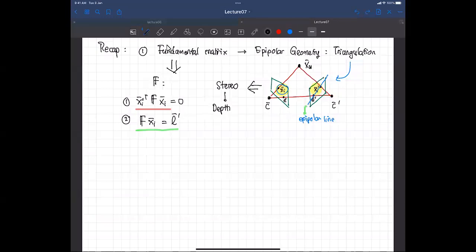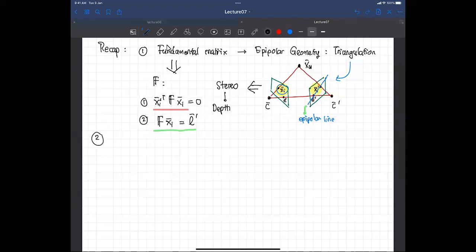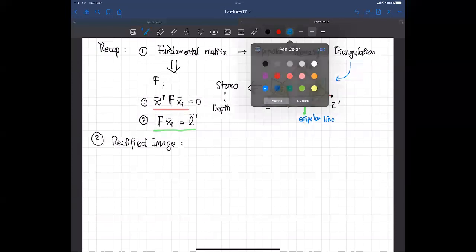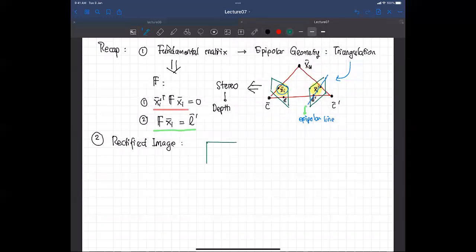The next thing that we learn was rectified images. The property of a rectified image is that if we have a stereo pair, the epipolar geometry here, the green is the plane.